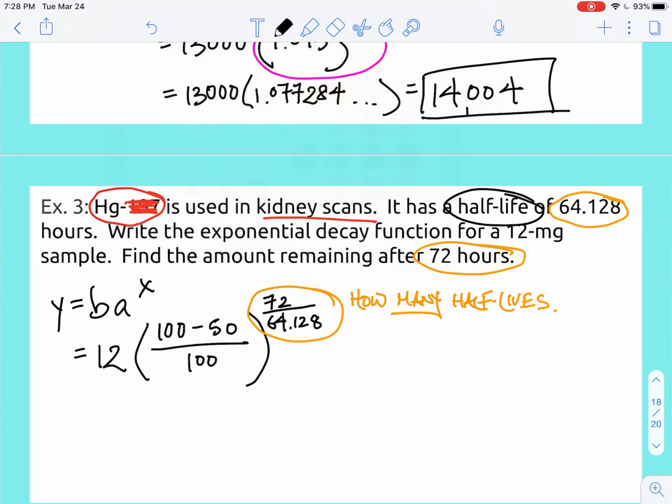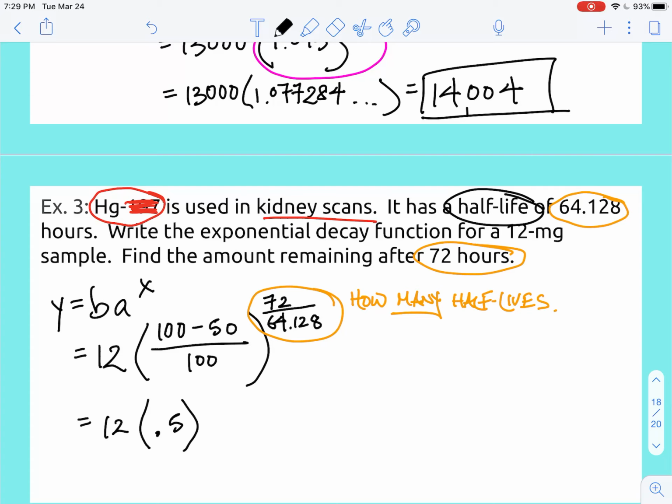My suggestion would be to turn a lot of things into simpler numbers. So 100 minus 50 divided by 100 will give me 0.5. And by the way, for every half-life, it's going to be 0.5 in there. And then I'm going to turn that exponent into a decimal.